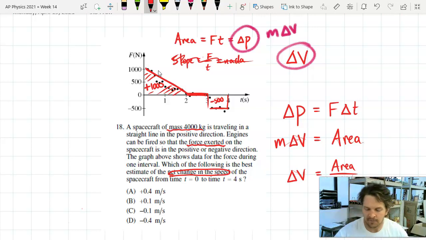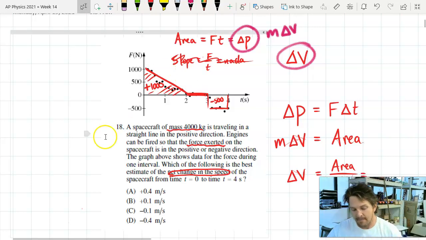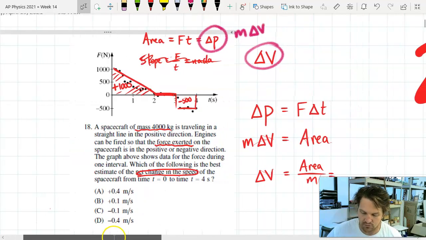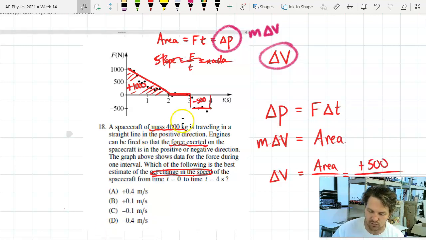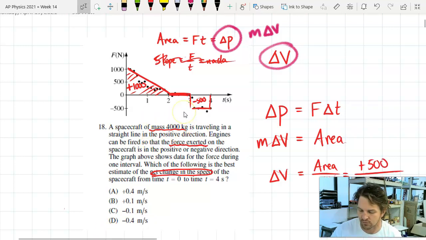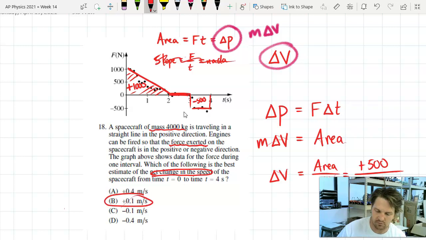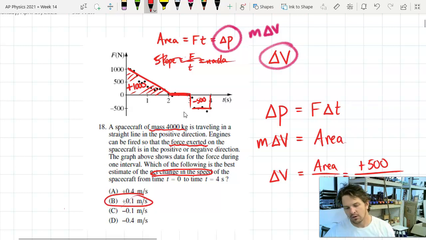Excuse me. So the total area would be 1,000 minus 500. So positive 500. And the mass, we said earlier, the mass was 4,000 kilograms. Plug that in, you get positive 0.1. All right.